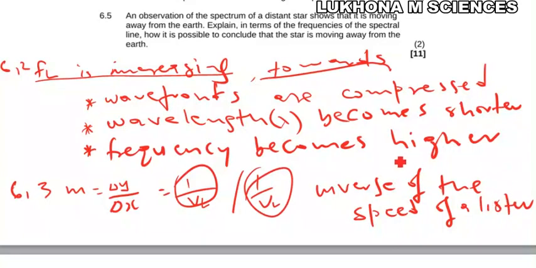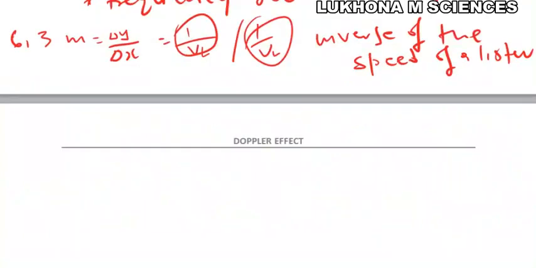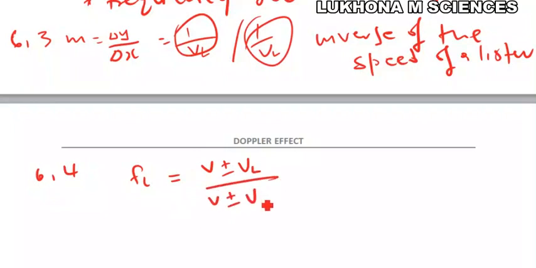Now let's go to question 6.4. Calculate the speed of sound in air. So 6.4: FL is (V plus or minus VL) divided by (V plus or minus VS) times FS.